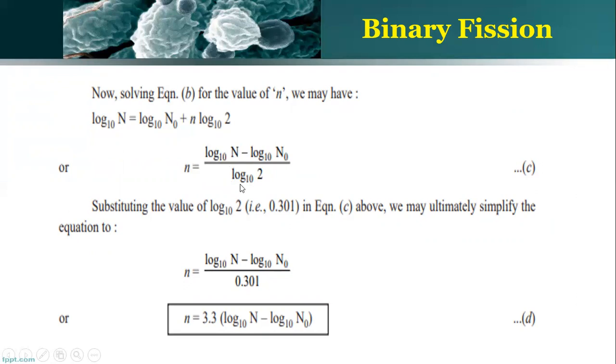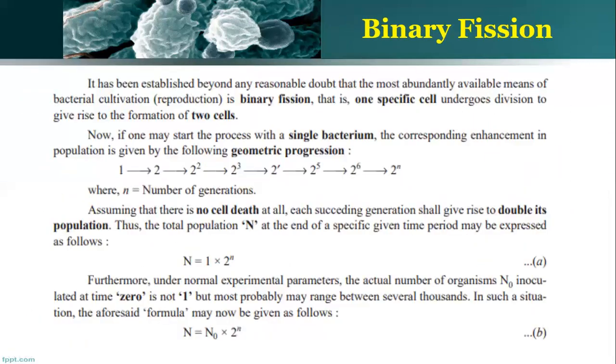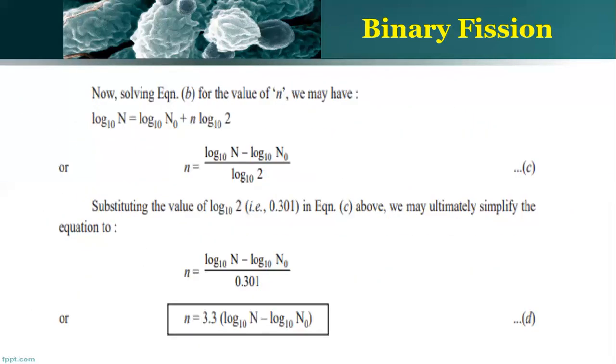And here replace the value of log base 10 2, that is 0.301. So n is equal to log of total population minus log of initial population divided by 0.301. So 1 by 0.301 is equal to 3.3.